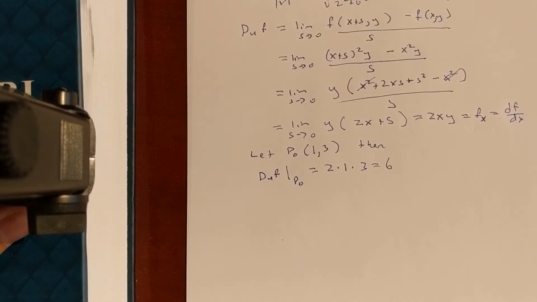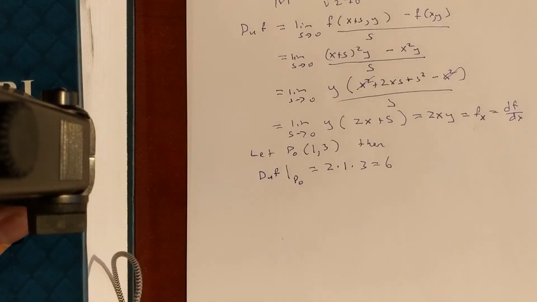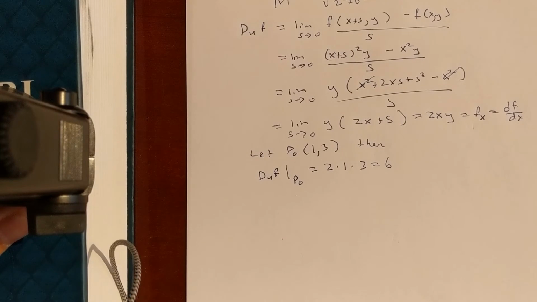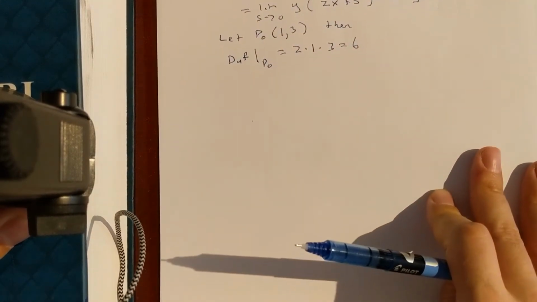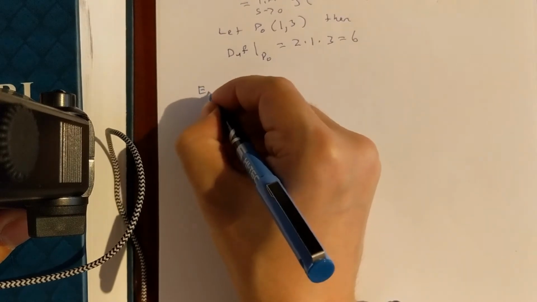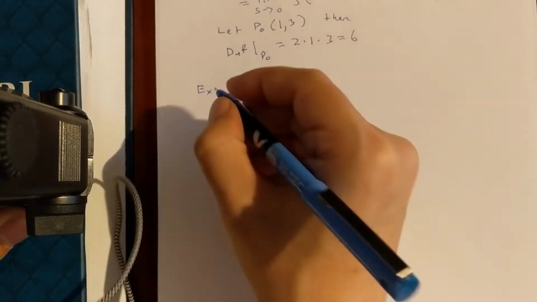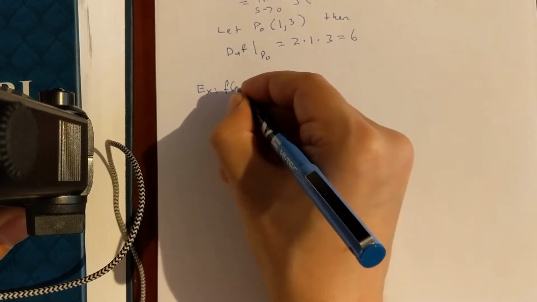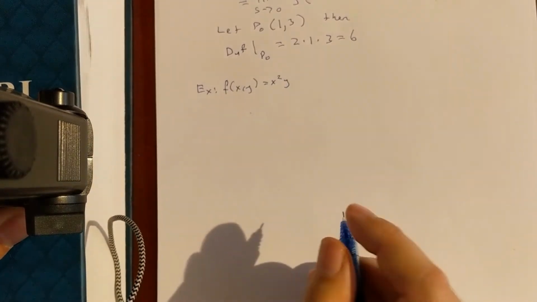Let's take a different vector, a real vector this time. Some vector that's going to have both x and y components. Of course, I picked the numbers easy again. So as an example, let's do f of xy, again the same function, x squared y.